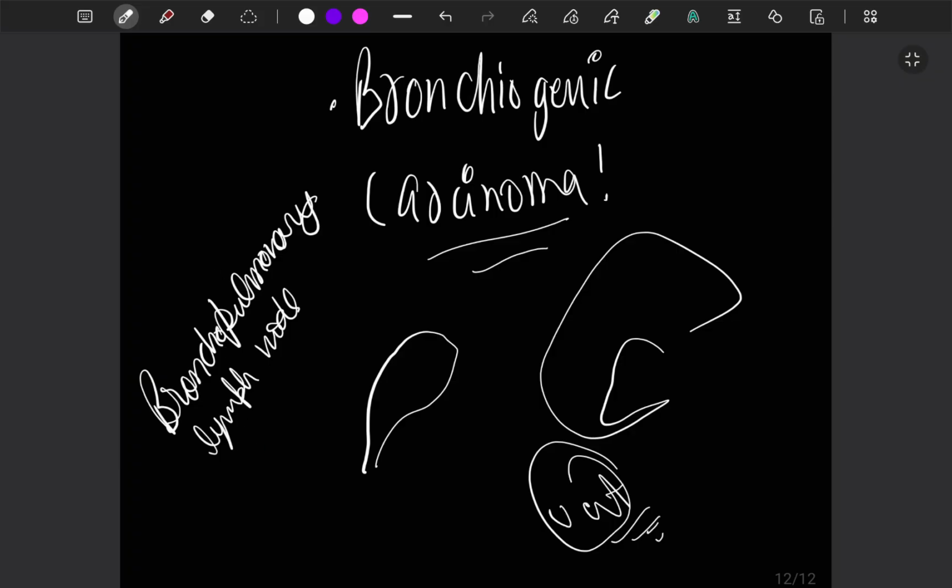Through the bronchopulmonary and supraclavicular lymph nodes it spreads in the body. So this was the lung.